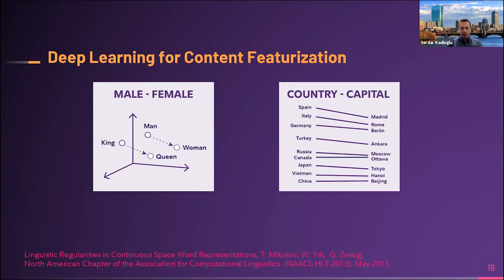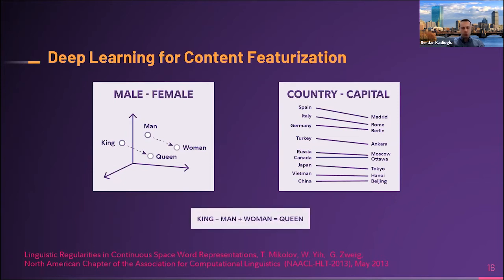The high-level idea is somewhat straightforward. You take a word and you map it to a numeric vector in the space. Here's a famous example that you might have seen before. If you look at the relationship between the numeric representation of king and queen, that relationship is very similar to the relationship between man and woman.